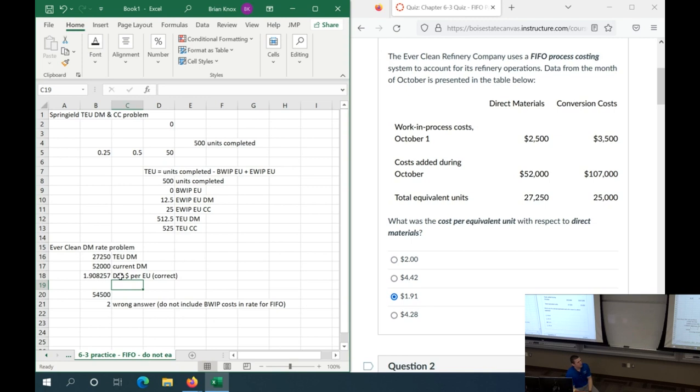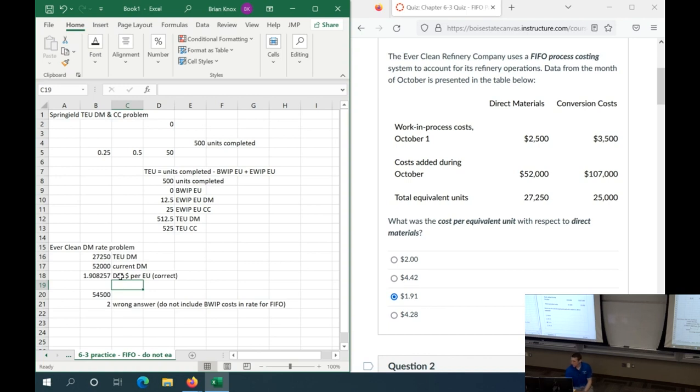Yeah. So for this one, the work in process cost is beginning work in process because it's the beginning of the period. I was just curious since it's not labeled as beginning, it's just work in process. Sometimes I include the dates to help interpret it as beginning WIP costs.